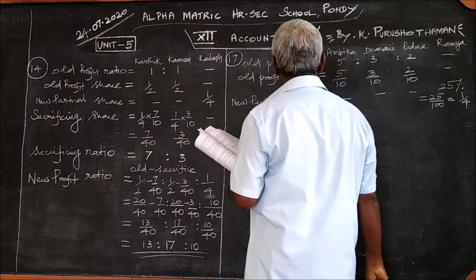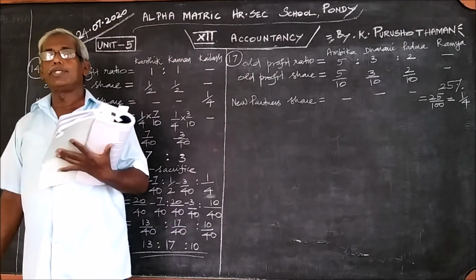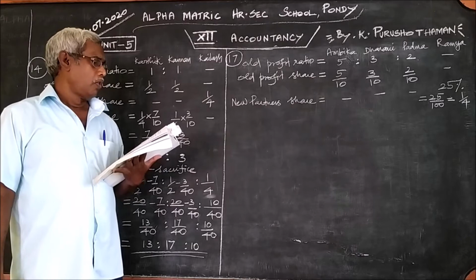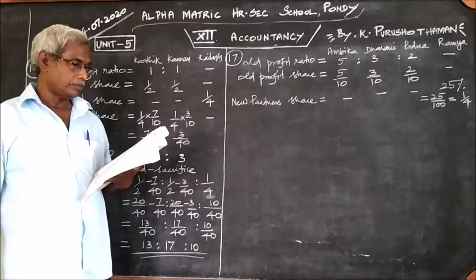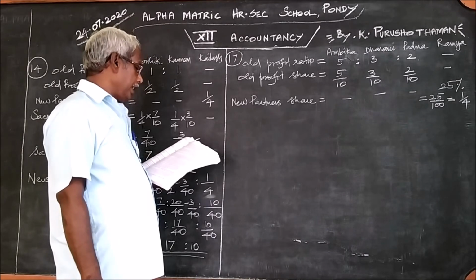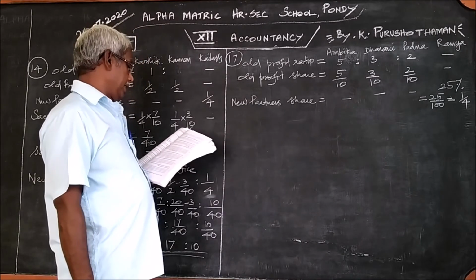This is the inference you should find. 25% is 25 by 100, which is equal to 1 by 4. Calculate the new profit sharing ratio and sacrificing ratio we must find.